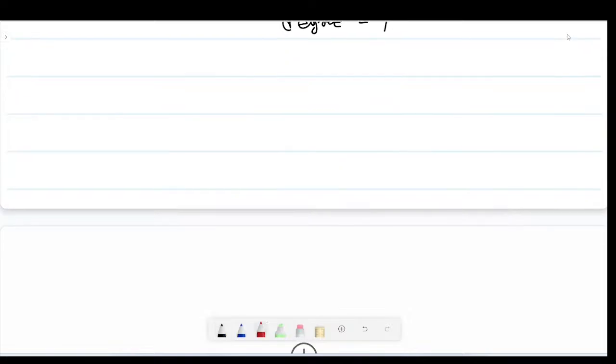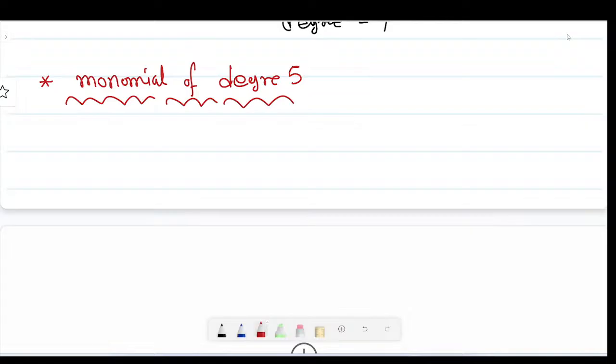So our next question is an example of a monomial of degree 5. We already know that monomial means only one term. So we should choose one term of degree 5 in x.